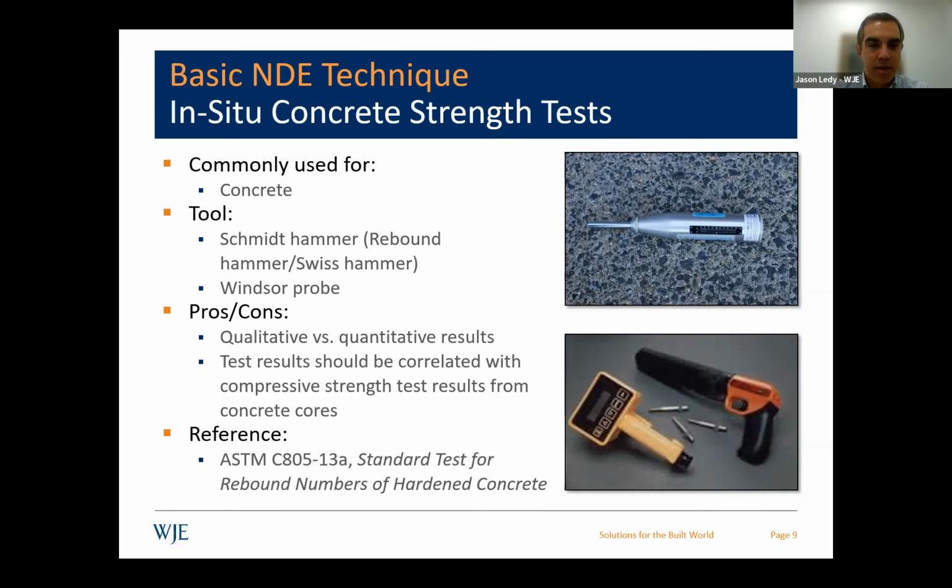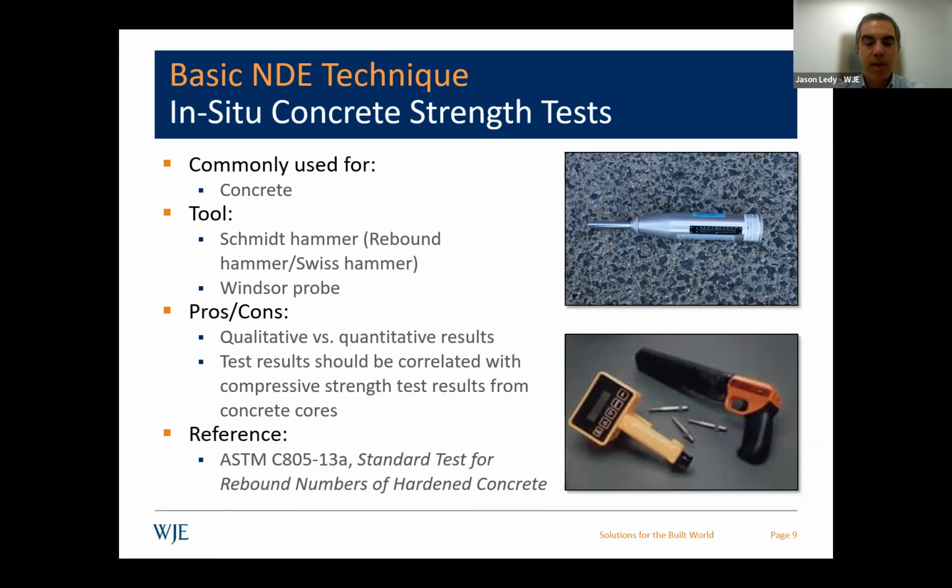However, what we typically do is calibrate the Schmidt hammer or the Windsor probe by taking cores of the concrete and then breaking the concrete in a lab to try to correlate. This can be helpful if you have a large area of concrete you're trying to evaluate, and you're trying to determine if there are certain areas that may have a lower compressive strength than others.